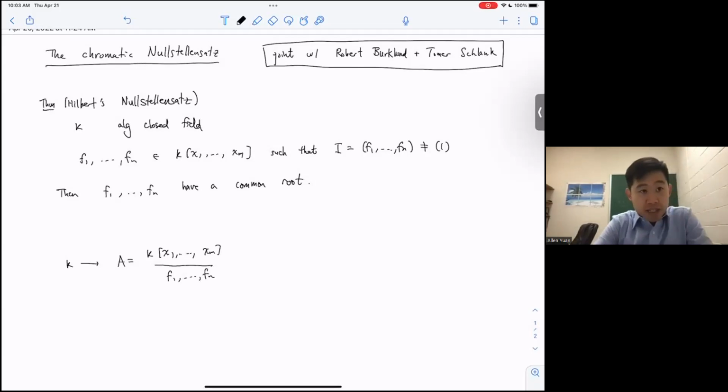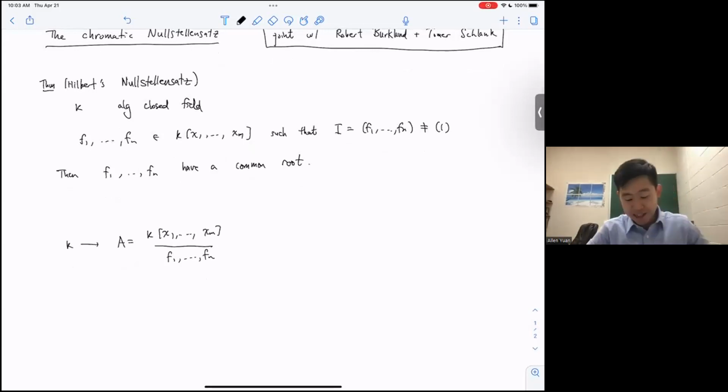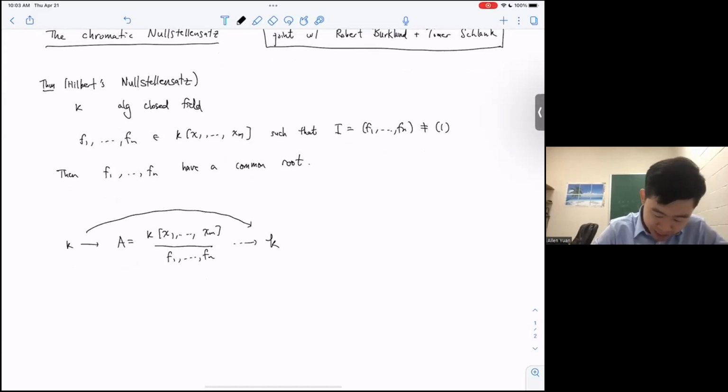And the assertion of the Null-Stellensatz is saying that, well, I guess this algebraic variety has a point, or in other words, there's a map back to K. So that's like a common root because it's sending x1 through xm to some numbers in K satisfying these polynomials. And of course, this map back is a retract of the unit map.